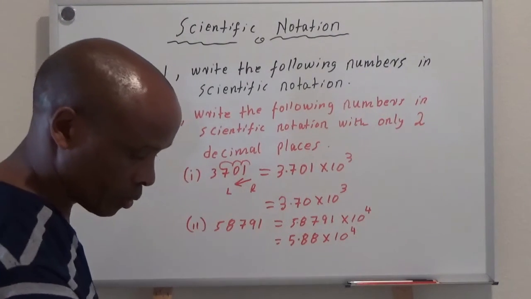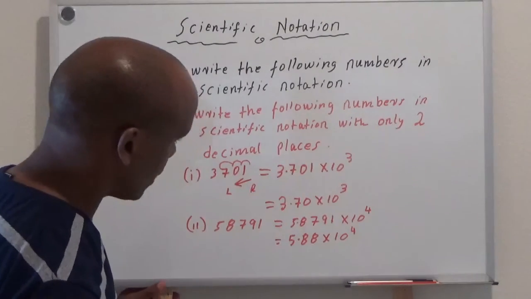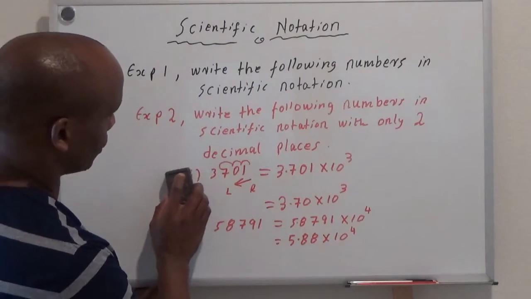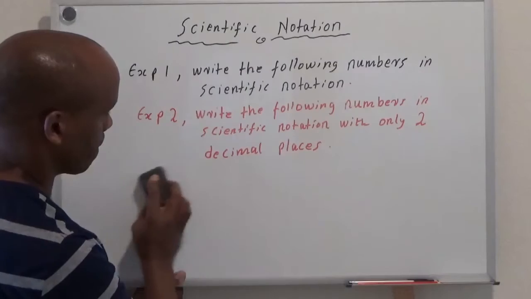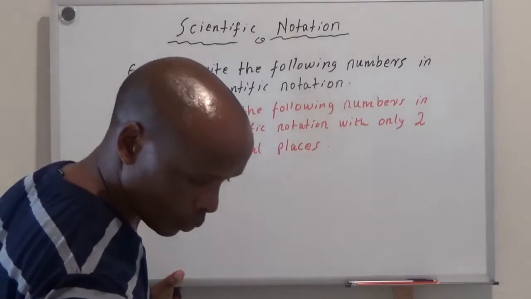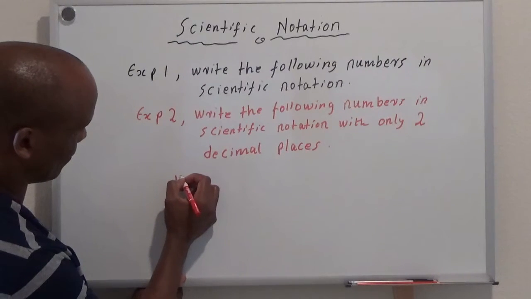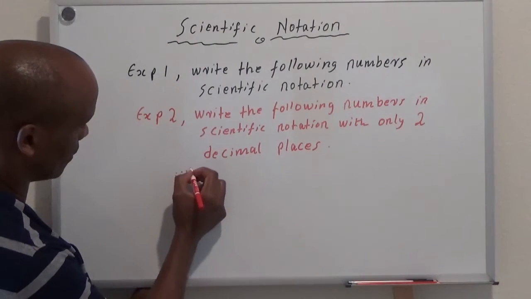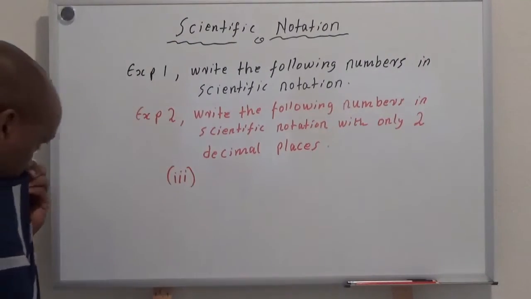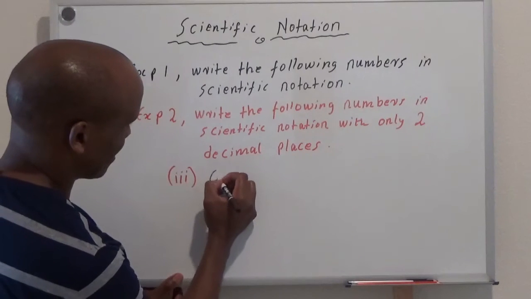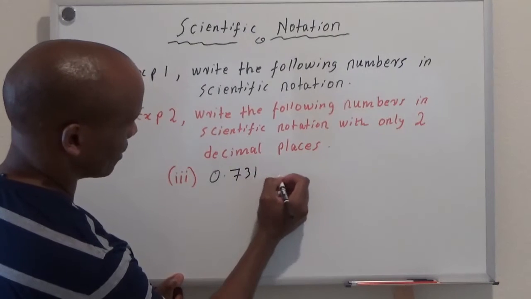Let me show you one more with a decimal place, so you see how it is done. Number 3: 0.731.